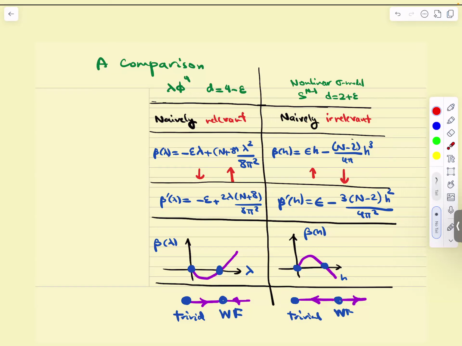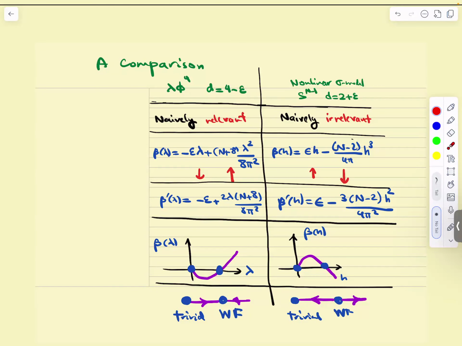Now let's take derivatives of the beta function, right? The derivative of the beta function vanishing tells you you're at the fixed point. What does the second derivative of the beta function tell you? Yeah, is it stable or is it unstable? Which direction are you flowing?